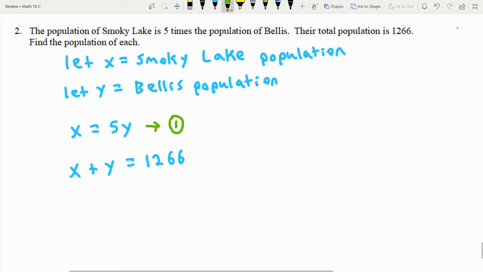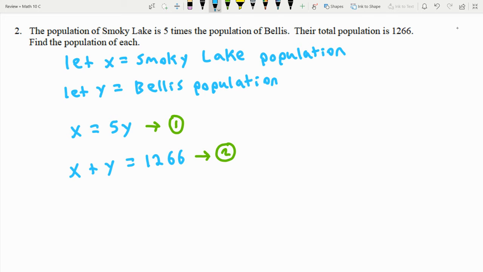The reason I can say this is that we're only considering two populations here, Smoky Lake and Bellis. So if I add up both of their populations, I should get the total population, which is 1,266. So now I can label that as equation 2.